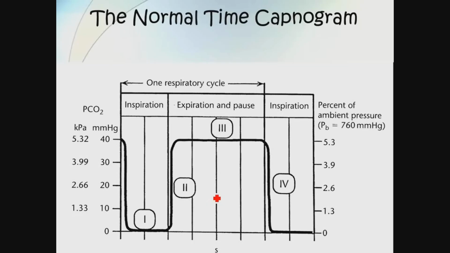Okay. Just going back to the normal time-based capnogram, where we're having time on the x-axis and exhaled CO2 on the y-axis. Giving it in a couple different values here. We typically only look at this one, millimeters of mercury.